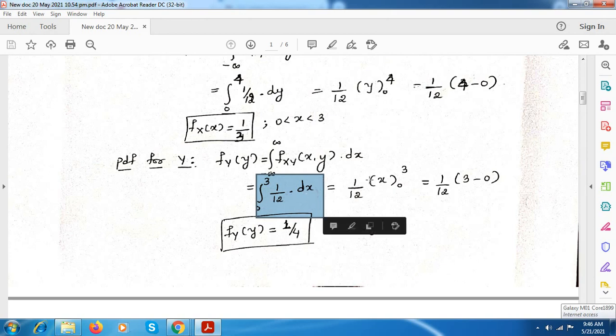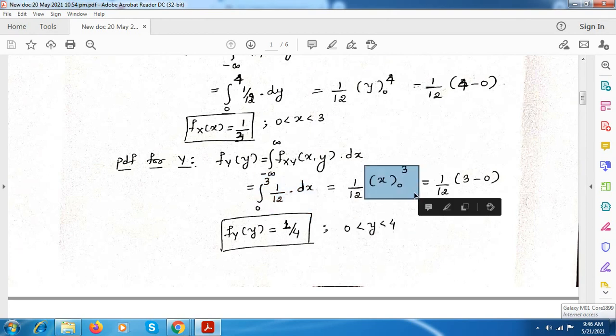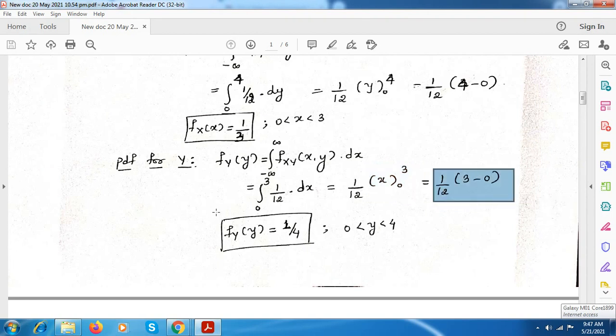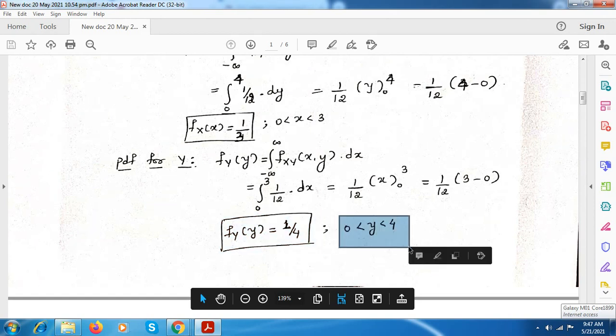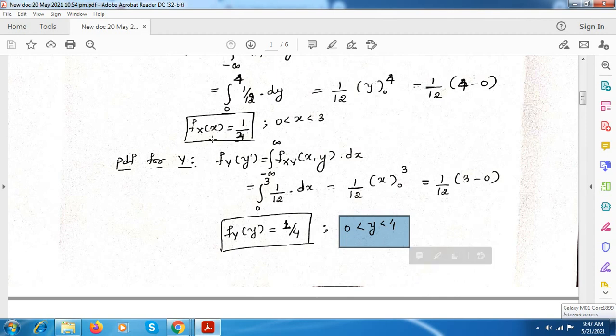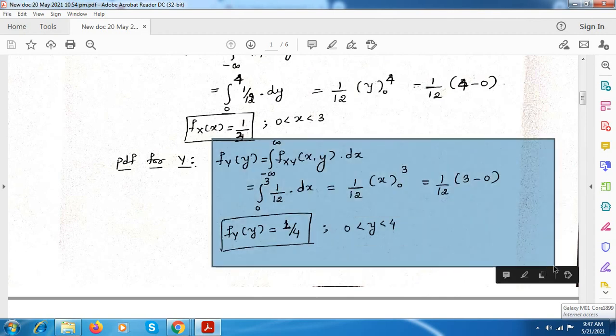So here if you integrate, you get it as x, and the upper limit is 3. So 3 minus the lower limit 0. So here it is 3 by 12, which is nothing but 1 by 4. So here the range of this y will be from 0 to 4. Just verify the solution.